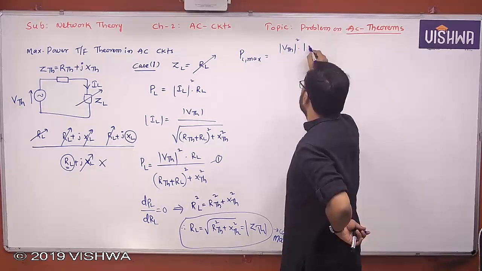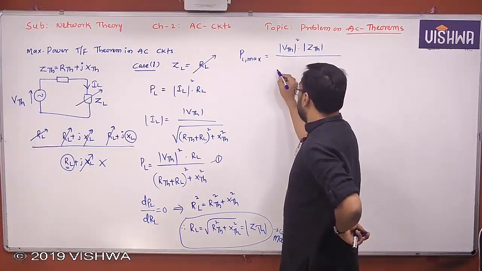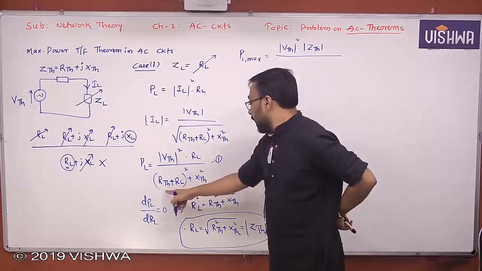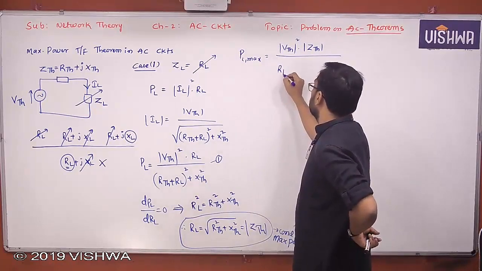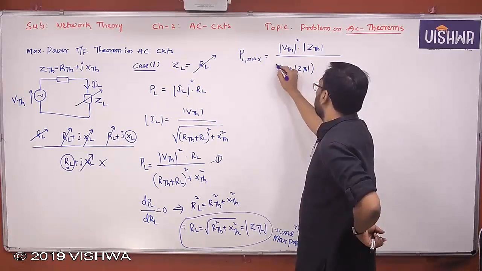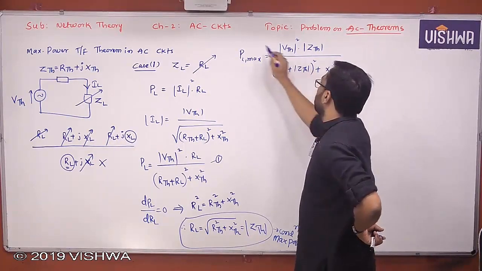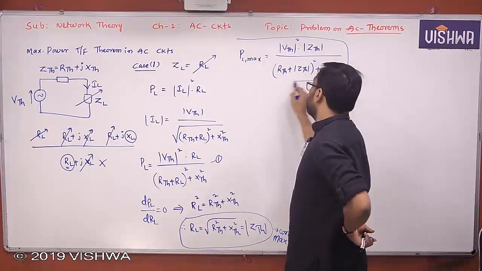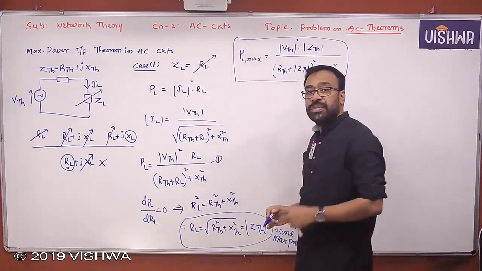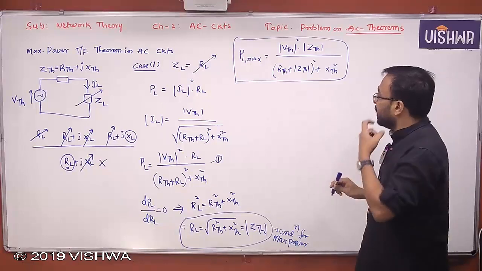Magnitude of ZTH, by (RTH plus magnitude of ZTH) whole square plus XTH square. This is the maximum power that is transferred to the load. Getting all of you? Okay. So this is how you can solve and find the maximum power to be transferred.